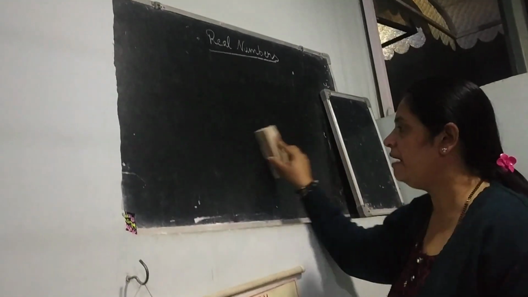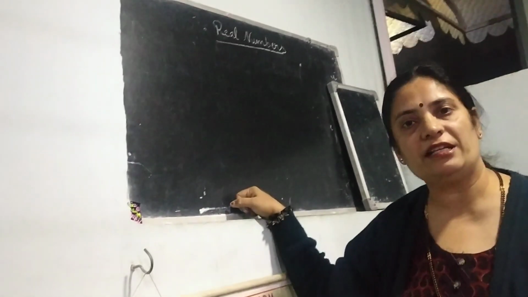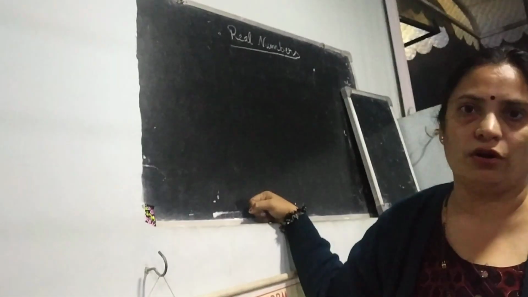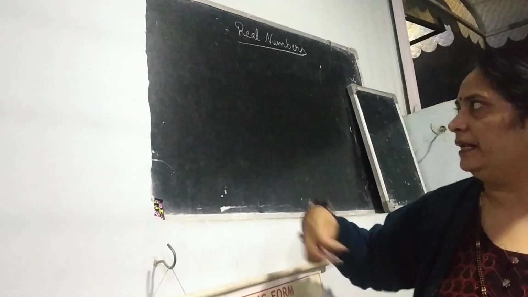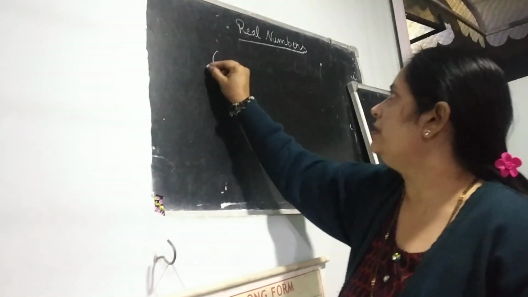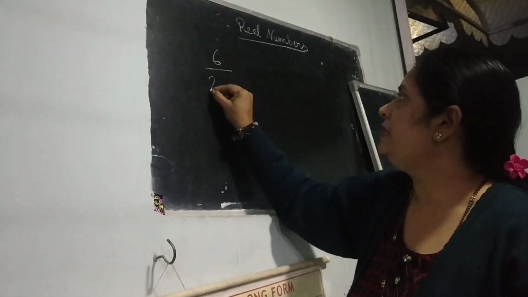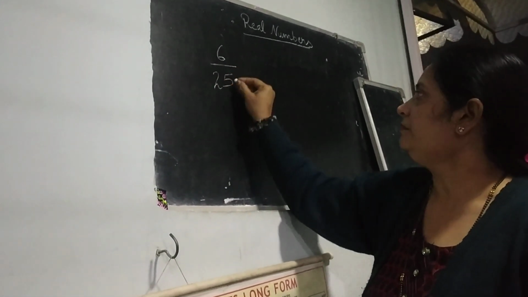Another thing is you have to find whether the given rational number is terminating or non-terminating. It can be found only by judging the denominator. Suppose it is 6 upon 25.